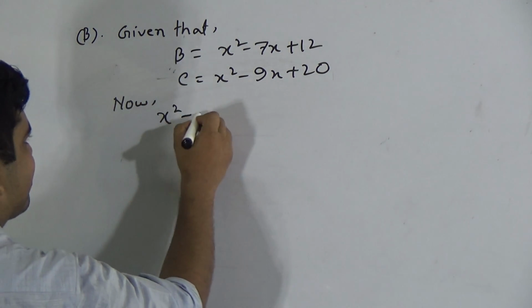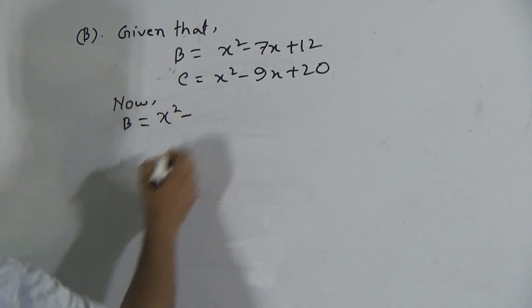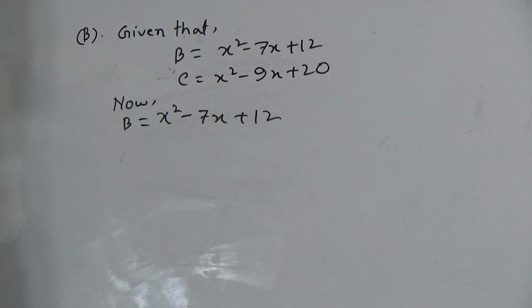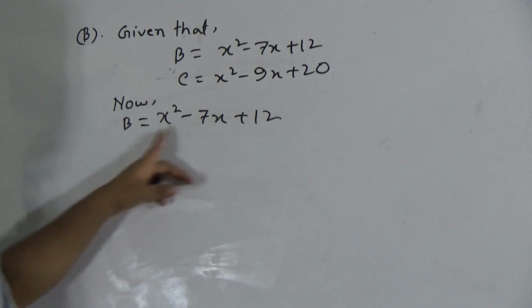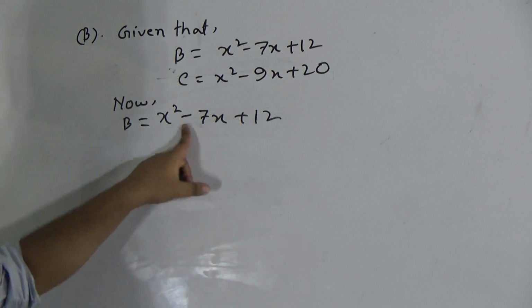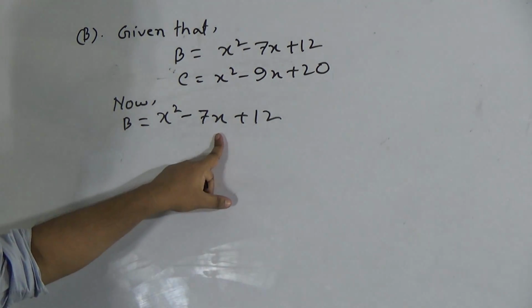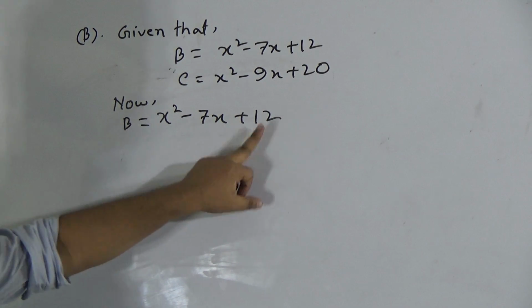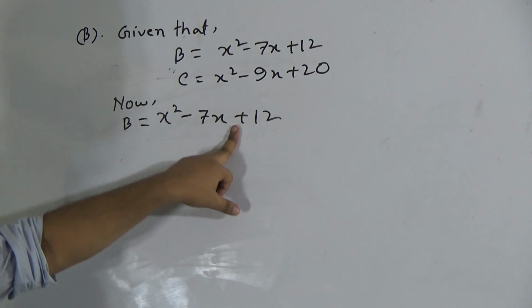Here b equal to x square minus 7x plus 12. Dear students, at first we convert this expression into factors by using the middle term break method. Here minus 7x. By seeing the sign of the constant term, we know this sign is plus.